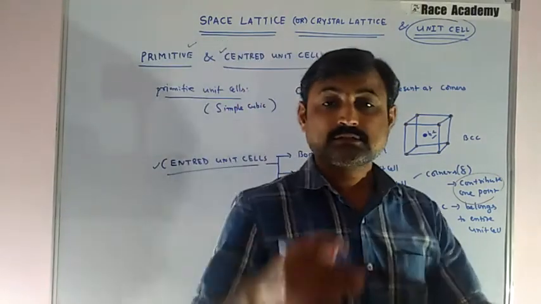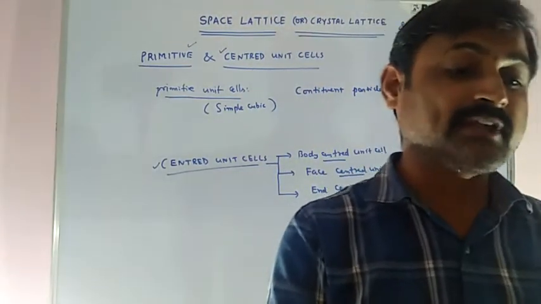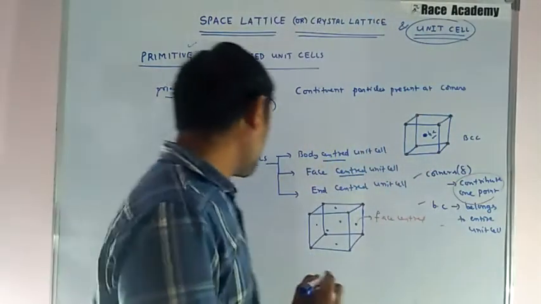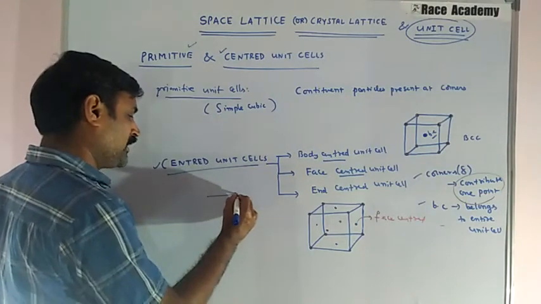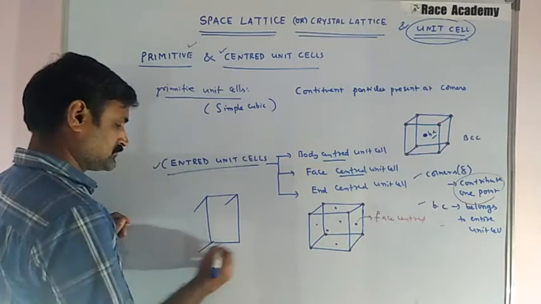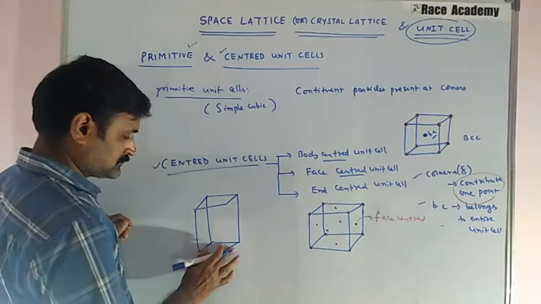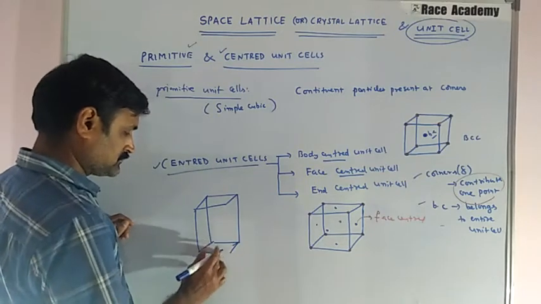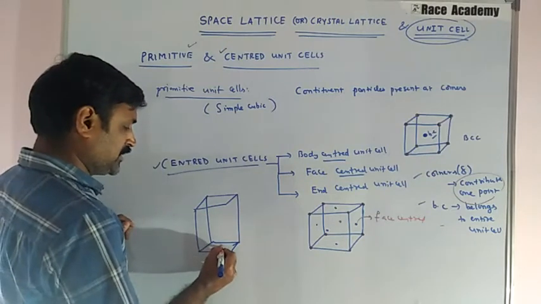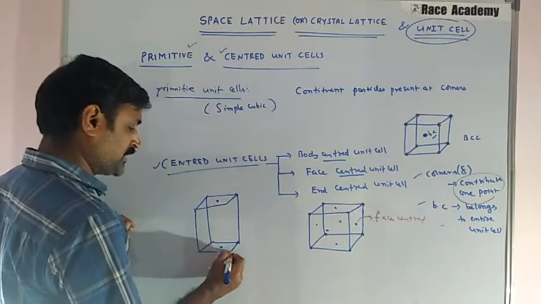Coming to the third kind, end centered. In the end centered, what will happen? We will select only 2 faces, in addition to the corner points.